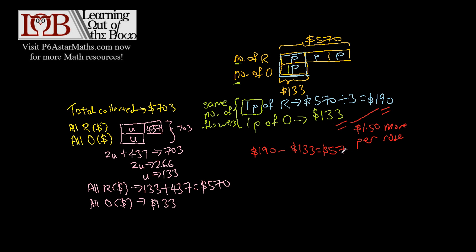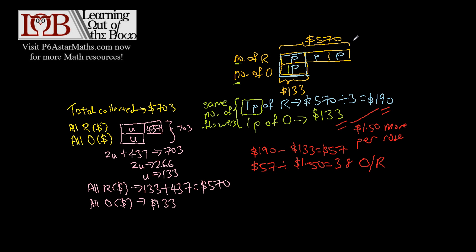And this $57 is contributed by the extra cost of one rose compared to the orchid. So 57 divided by 150 equals 38. So it's either 38 orchids or roses.